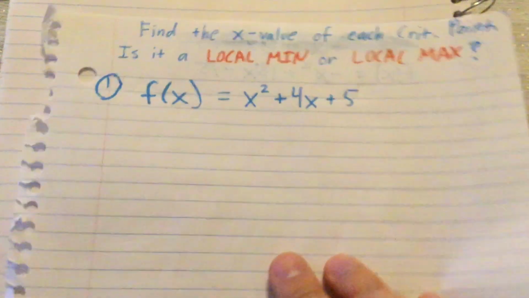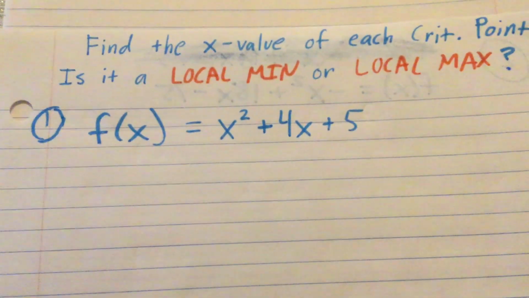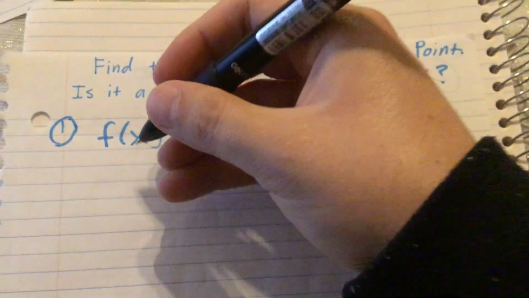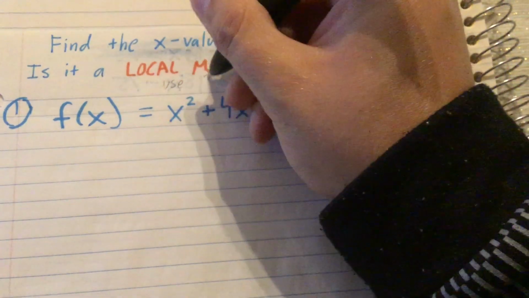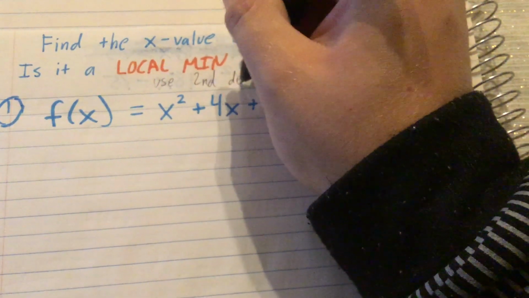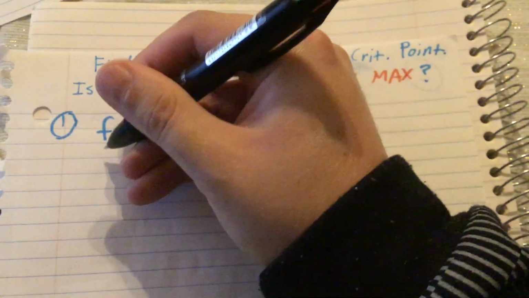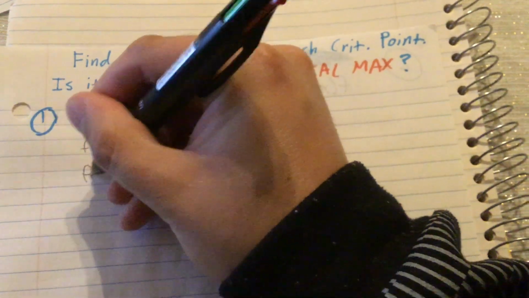So let's do some examples, but this time it's going to be the same 7 problems, and we're going to use the second derivative test, which is what I like. So what I like to do ahead of time is set up f prime of x and f double prime of x.